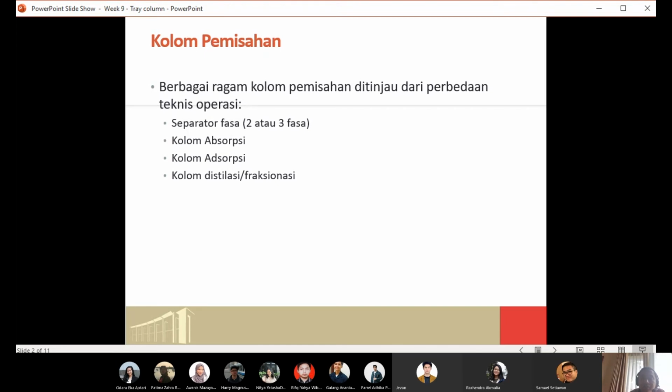In our case we will learn how to deal with absorption in the liquid phase, where there are trays, so there will be an equilibrium between gas and liquid inside the column for the separation process. So this evaluation is applied for the absorption column using trays with a liquid solvent, and also for the distillation column or fractionation.